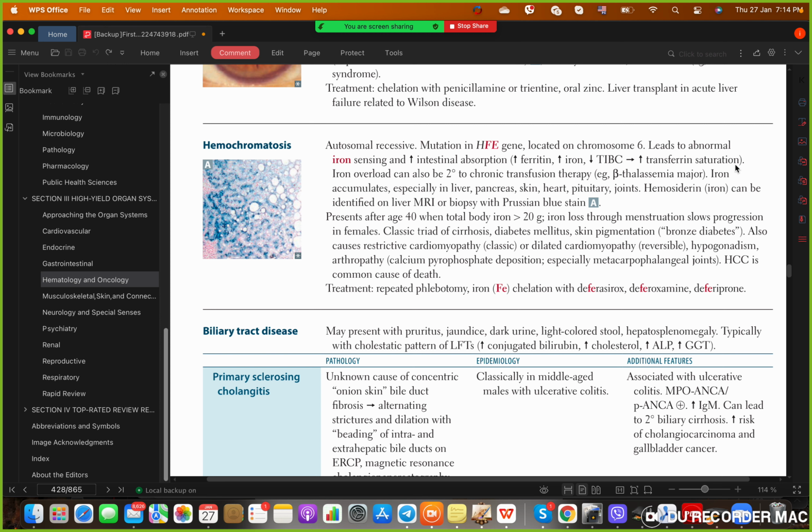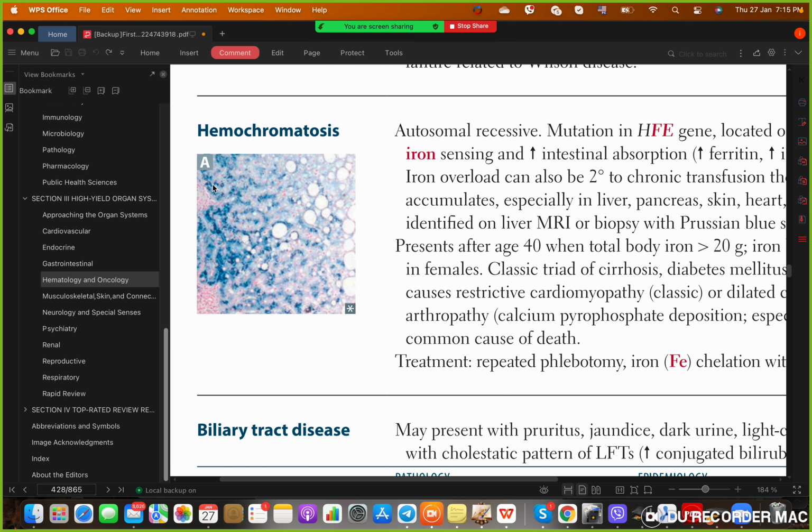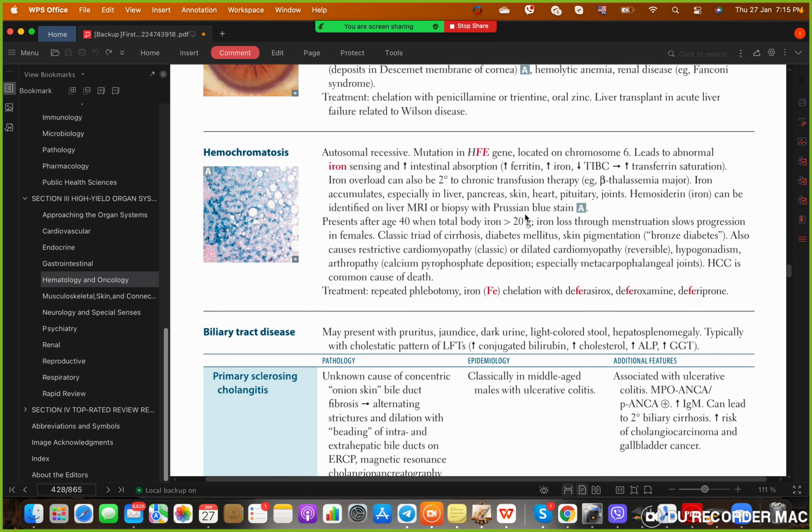Iron accumulates especially in the liver, pancreas, which leads to diabetes, skin, which leads to darkening of the skin, heart, which leads to both restrictive and dilated cardiomyopathy, pituitary, and joints, which leads to joint pain. Hemosiderin, which is iron, can be identified in the liver MRI or biopsy with a Prussian blue stain, which looks something like this. Remember, Russians are made out of iron. So Russian is going to be iron.